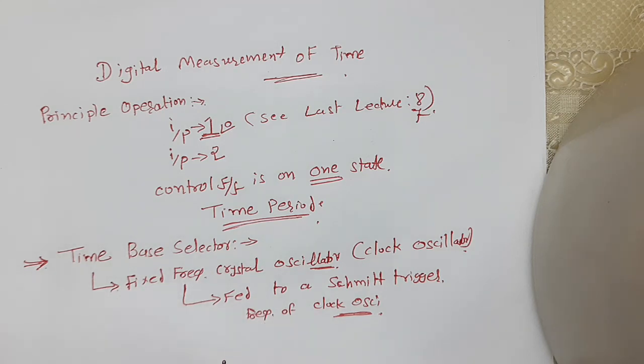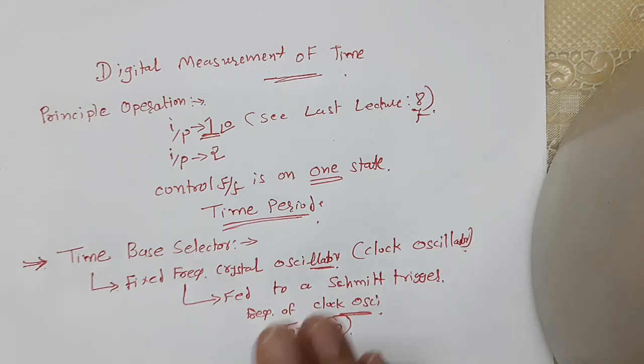Each decade divider consists of a decade counter and divides the frequency by 10. The outputs are taken from each decade frequency divider by means of a selector switch. Any output may be selected.